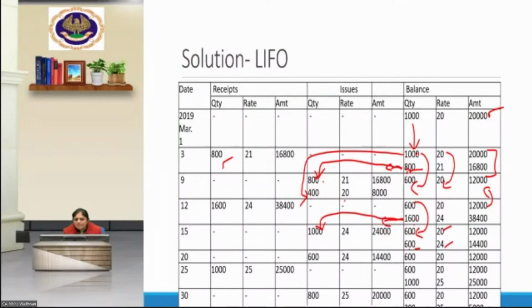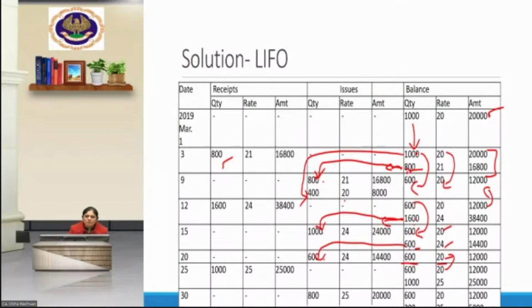Of course, the latest purchase will be issued first. So again, the oldest stock is left, at the rate of 20 per unit. So the latest purchase of 12th March, we have exhausted first. Earlier, we issued 1,000 out of 1,600. Now 600 out of the balance.